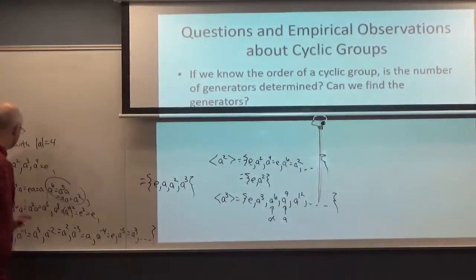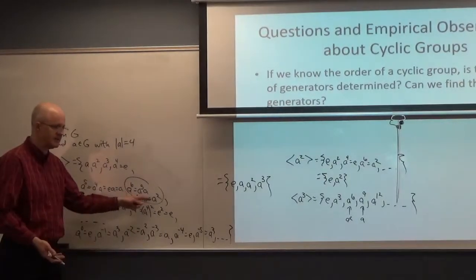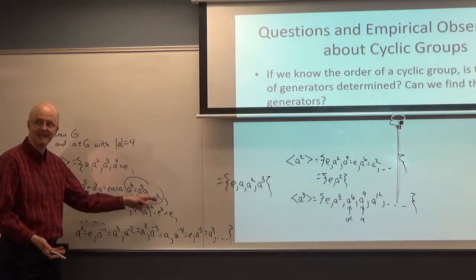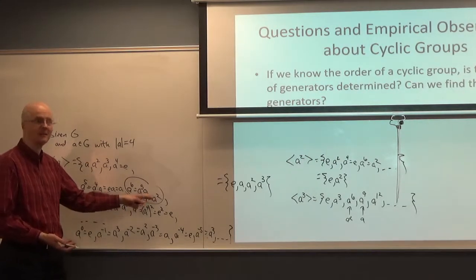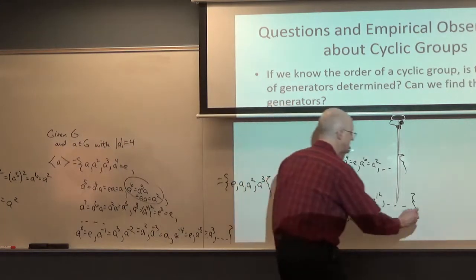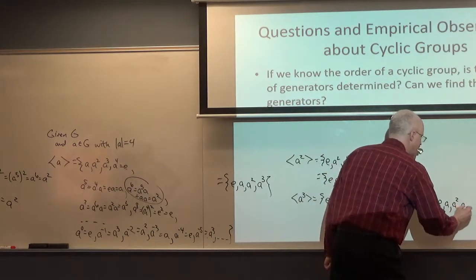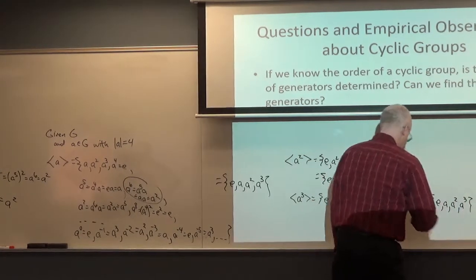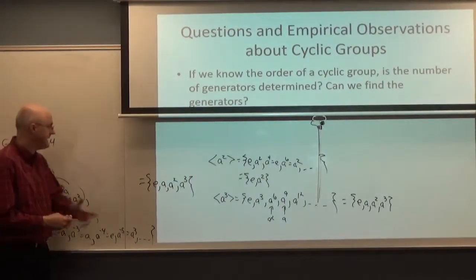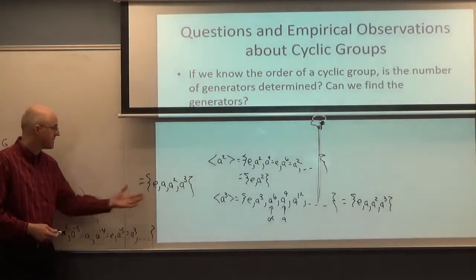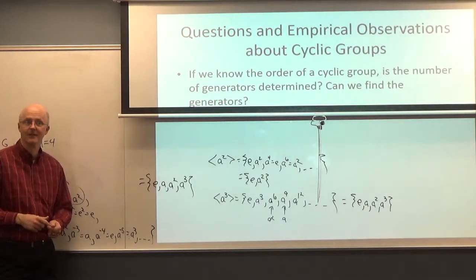A to the fifth is a to the sixth is a squared, a to the seventh is a cubed, a to the eighth is back to e, a to the ninth should be back to a, and it is. This is the entire cyclic group here. In other words, a cubed is a generator too. E is not, of course.